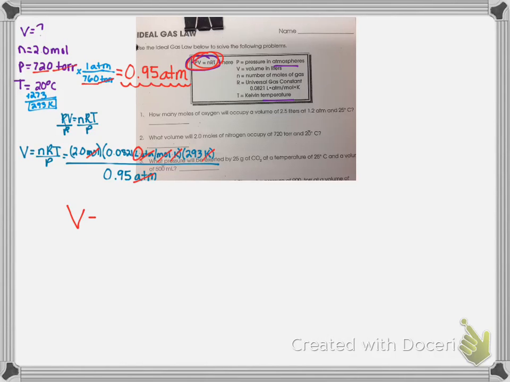So if we take our calculator and we do 2.0 times 0.0821 times 293, all divided by 0.95, you should get a value of 50.6 liters, or if you want to round that, it would be 51 liters. And that is your final answer.